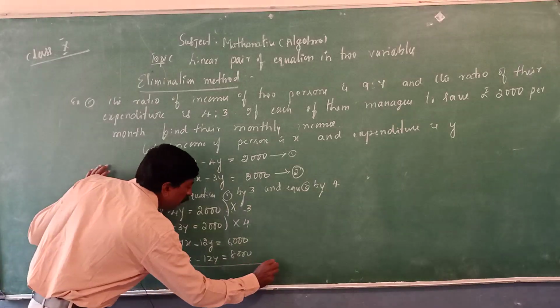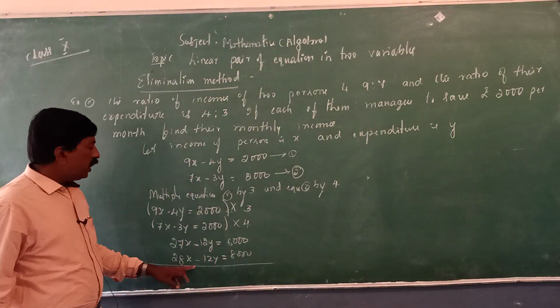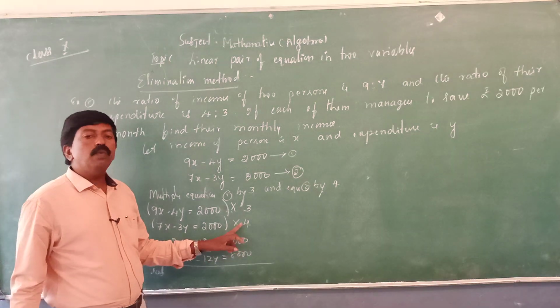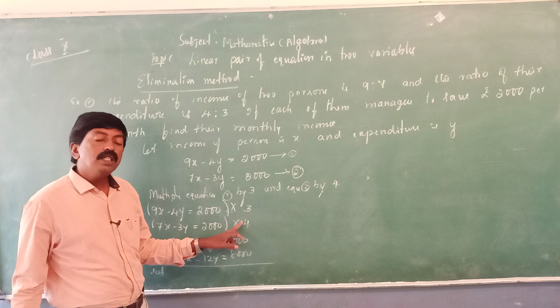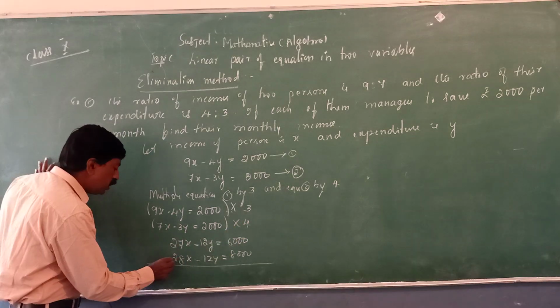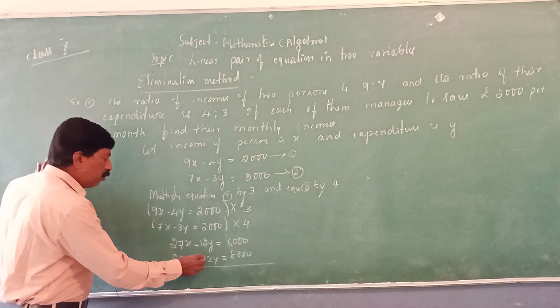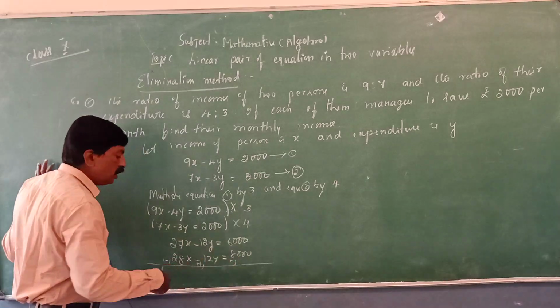Now draw one line. Subtract equation 2 from 1. While subtracting, the signs change: plus becomes minus, minus becomes plus.